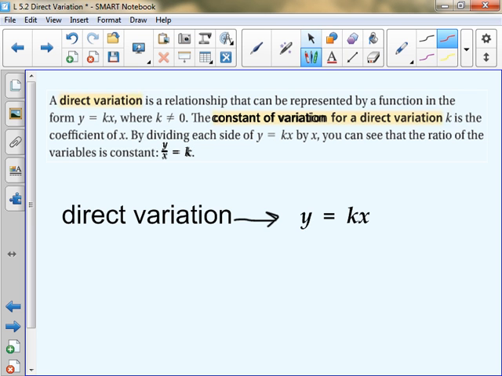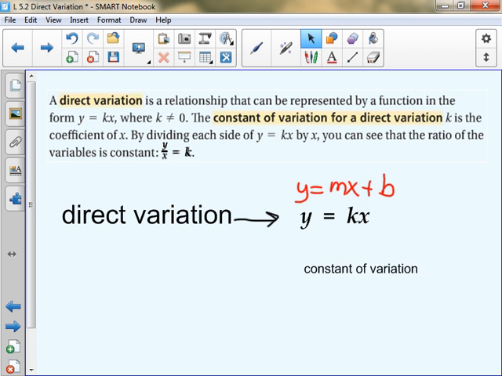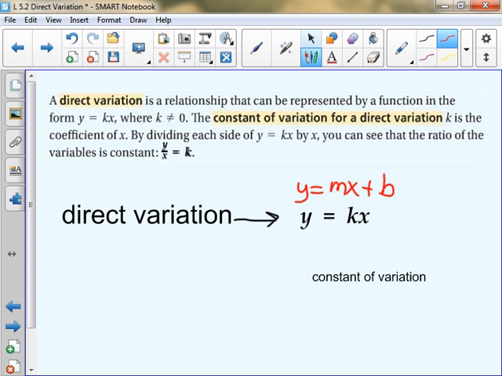Now y equals kx is similar to an equation that you should already be familiar with, and that's y equals mx plus b. In a direct variation equation, the k is the constant of variation, similar to m in the linear equation y equals mx plus b.